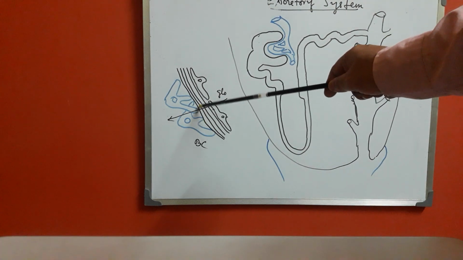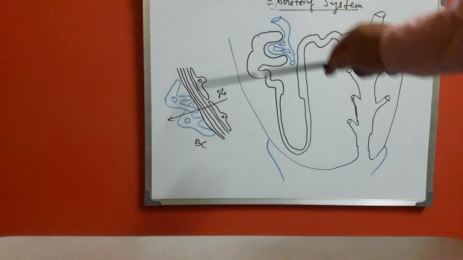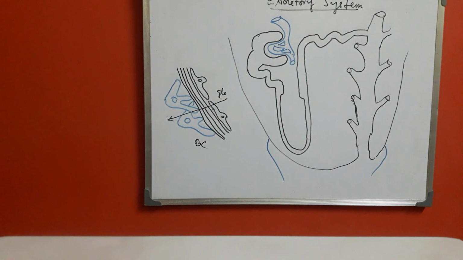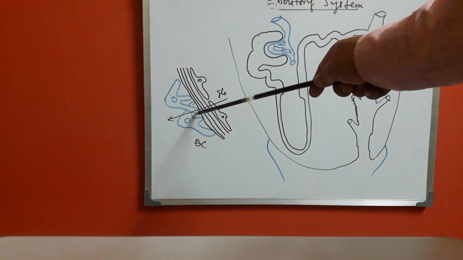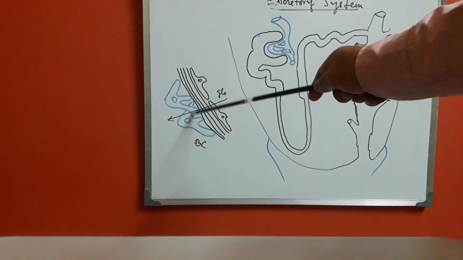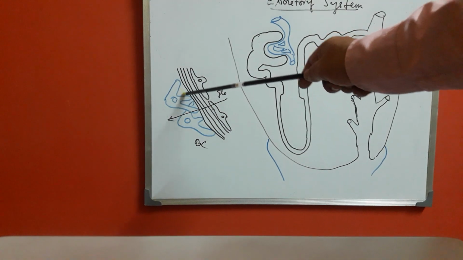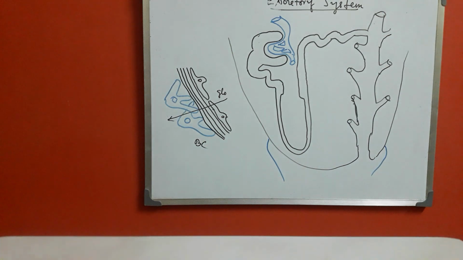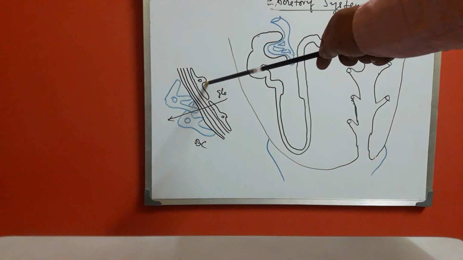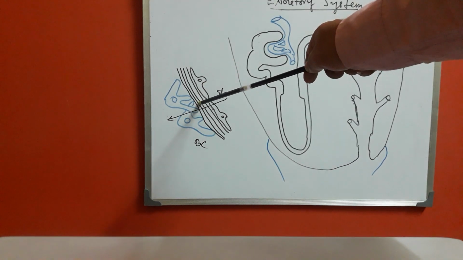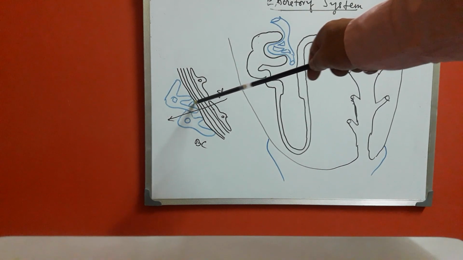There are pores within the basement membrane, and the pore size is 7 to 8 nanometer. There is a space between the pseudopodia of the podocytes, and this is called the filtration slit, with a diameter of 25 nanometer. So see here, 70 to 90 nanometer, this is only 7 to 8 nanometer, and this is 25 nanometer.